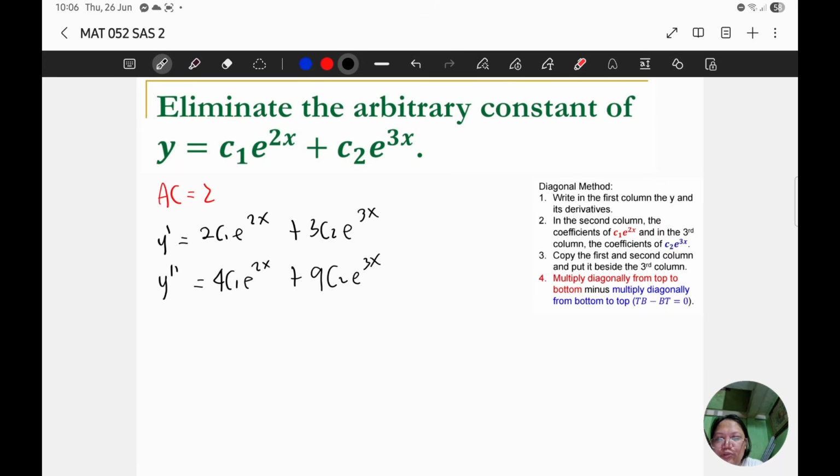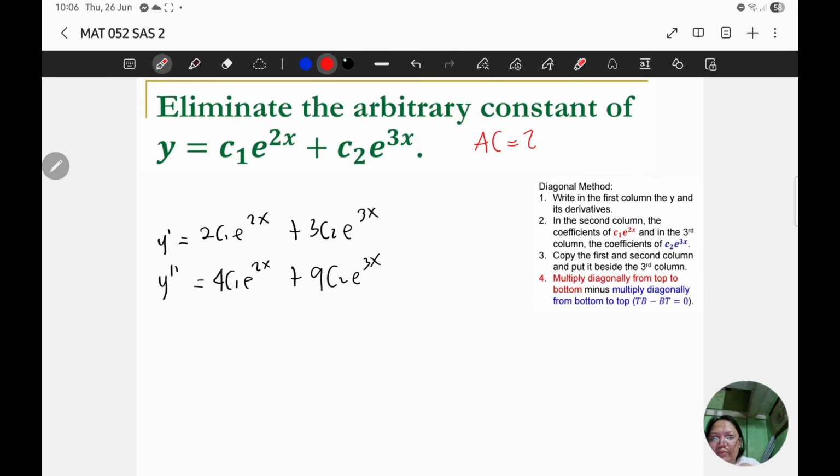First, you write down in the first column the y and its derivative. I will arrange the equation first. How many arbitrary constants? 2.